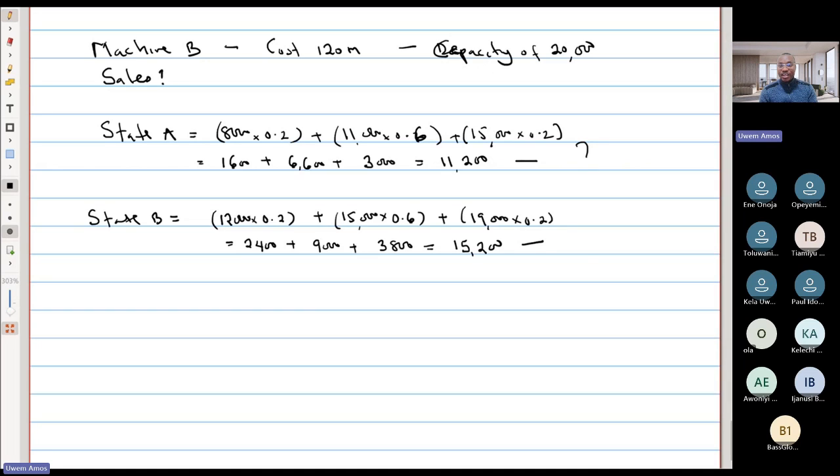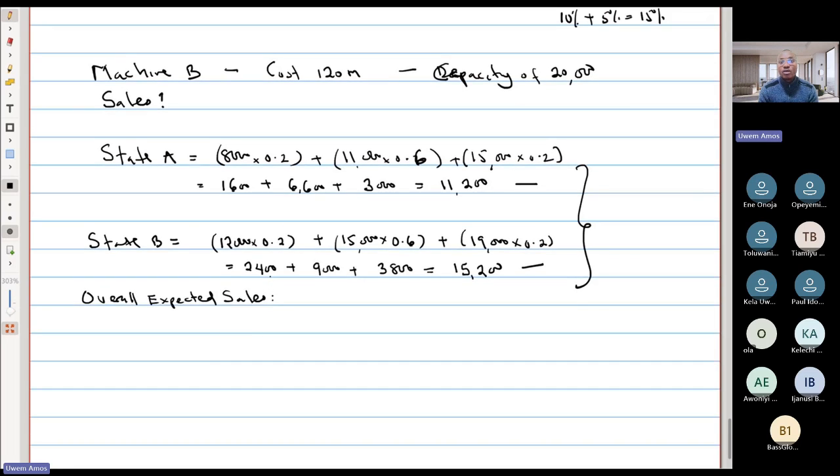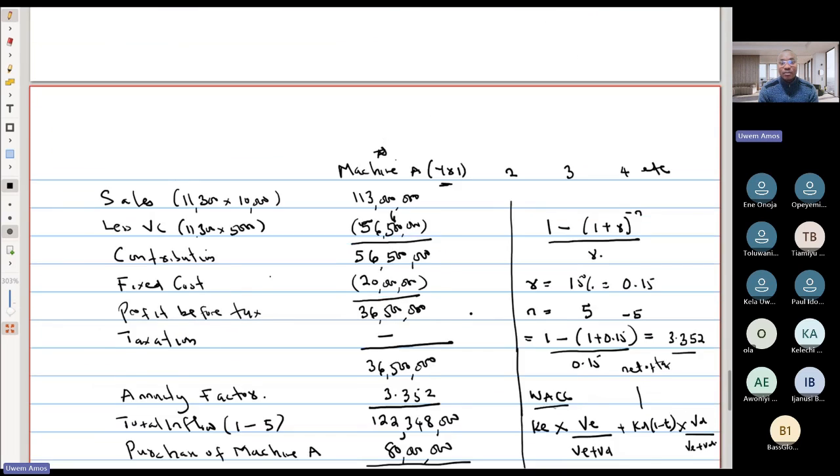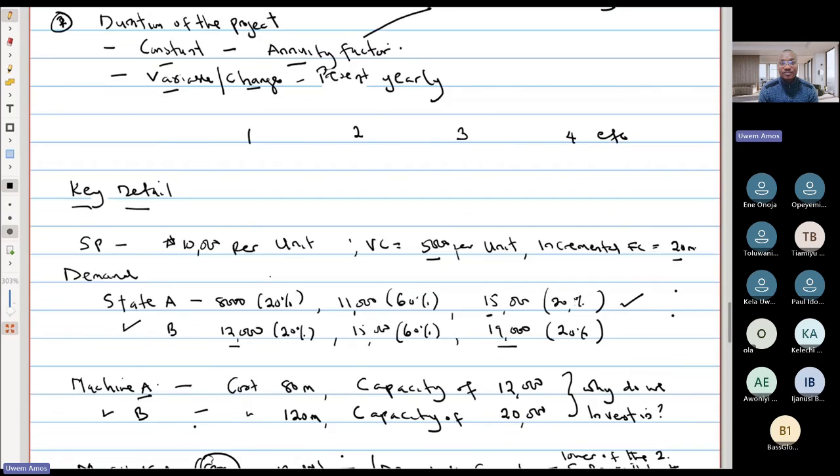We need to find the overall expected sales, just like we did on machine A. What is the probability that state A will occur and what is the probability that state B will occur? We did that under machine A, but let's remind ourselves.